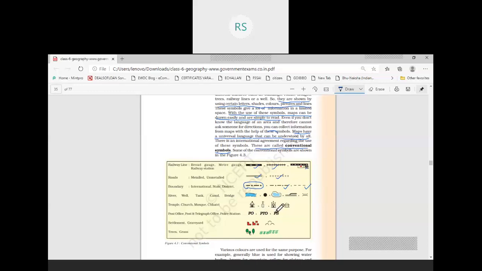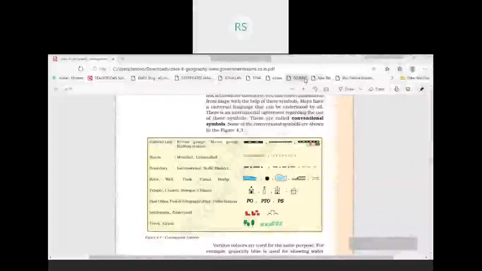Then this is the symbol of mosque, and in order to show a post office in a map, we can show it by writing PO. It is written here, you can see it. Then to show the post and telegraph office, we will write PTO.